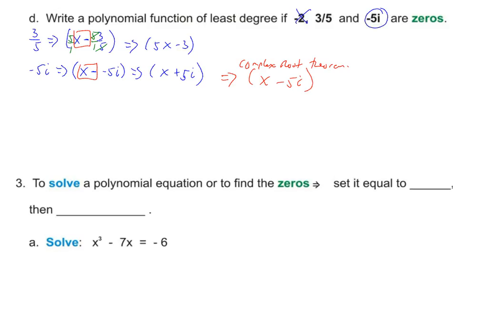Okay? So here's where we're at. Here are our factors. We've got the 5x minus 3, we've got the x plus 5i, and we've got the x minus 5i.